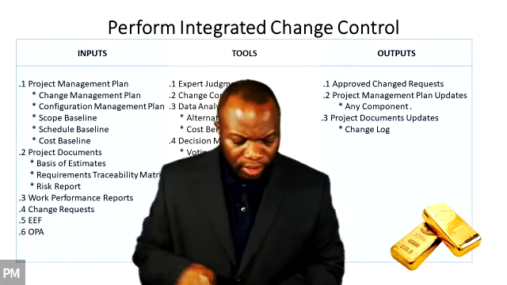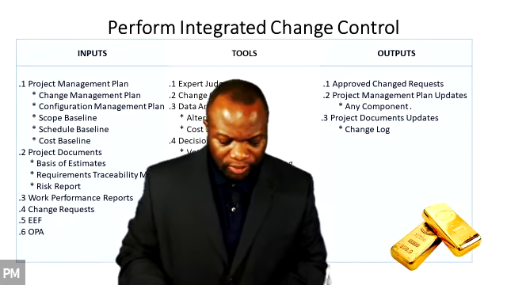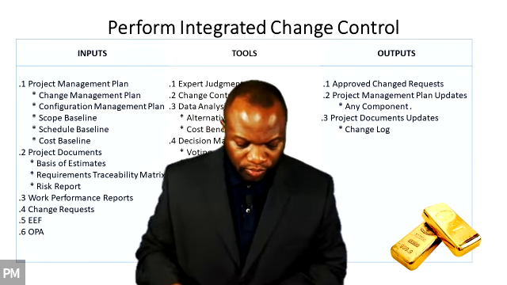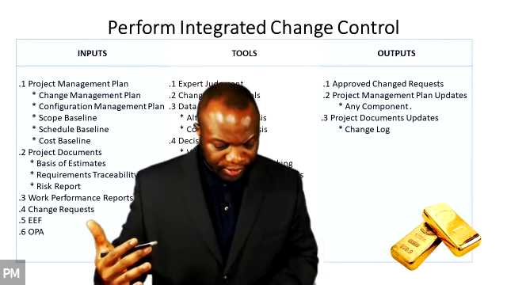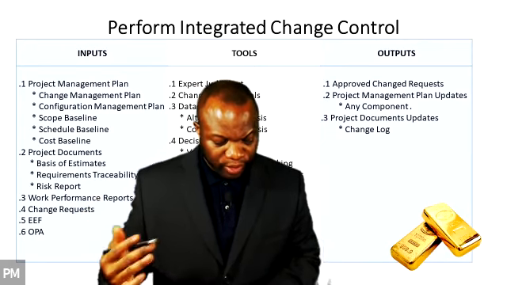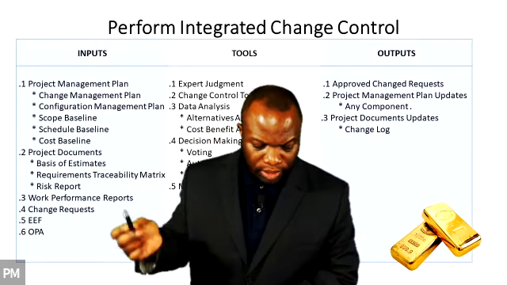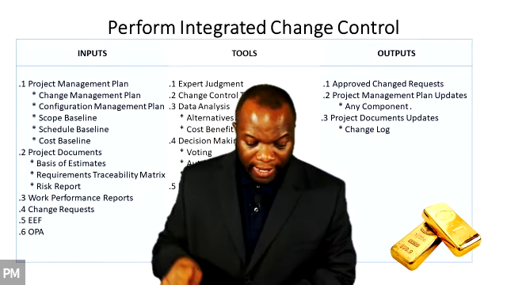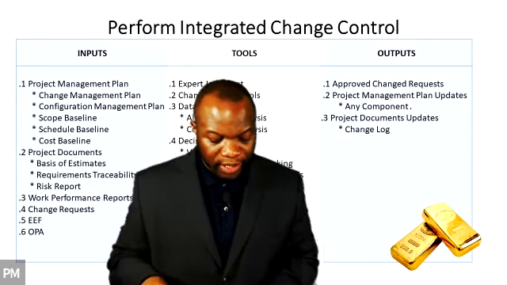All right. Then it says, change requests that have an impact on the project baseline should normally include information about cost, information about schedule, information about resources, and risks. These changes should be approved by the Change Control Board if it exists, and by the customer or sponsor unless they are part of the CCB.